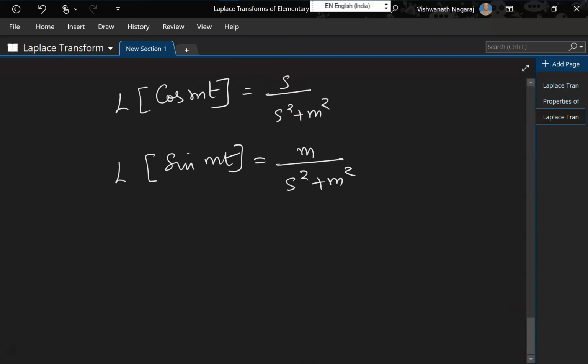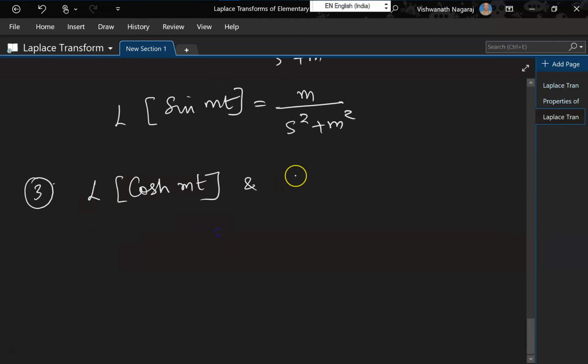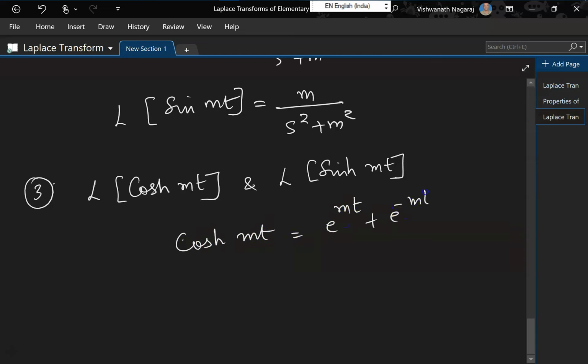Okay. Similar to sine and cos, let's look at hyperbolic sine and cos. So the Laplace transform of cosh mt and the Laplace transform of sinh mt. Now remember, cosh mt can be written as e to the power of mt plus e to the power of minus mt by 2.